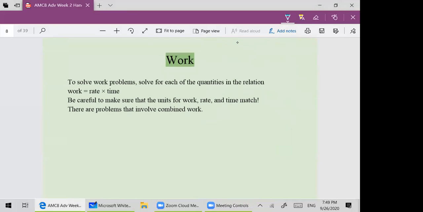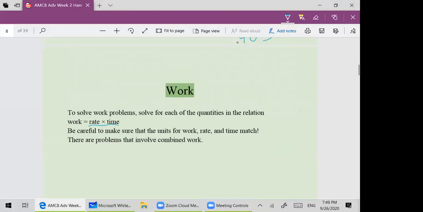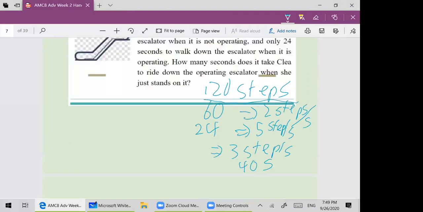Oh, and the 120 steps is just an assumption. It's just an example. It doesn't have to be 120 steps. It could be something like 240, 360, but 120 is convenient.